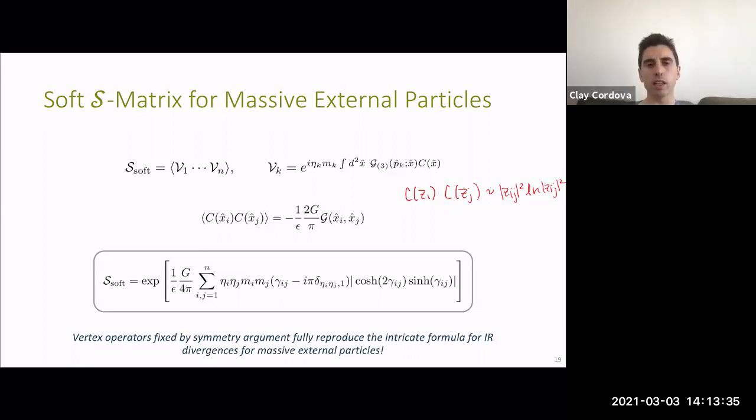Okay, at the 4D level, I agree with that, but I think right now you're trying to mix in some 2D intuition. You're trying to say, well, we can think of C as some field on the sphere at null infinity, and this field C has some very simple 2-point function, and then we can exponentiate it and make vertex operators and do Wick contractions and so forth, and then get soft factors.